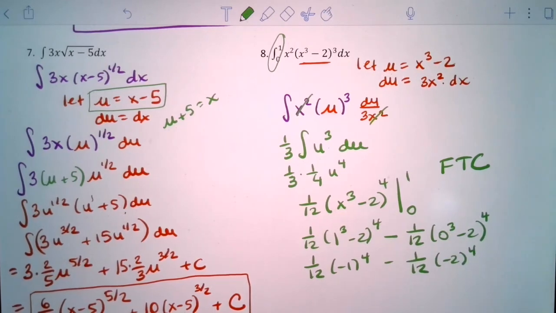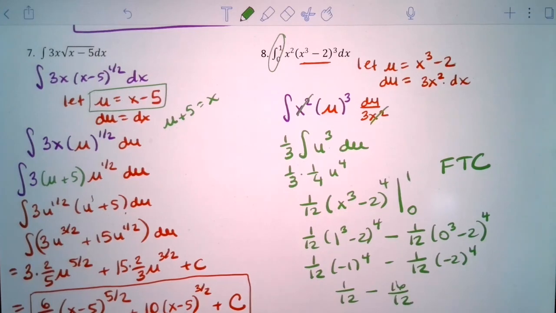So that's negative 2 to the 4th. So what I have here is, well, that will be positive 1/12. And what is that? That's positive 16/12. 1/12 minus 16/12. That's negative 15/12, which I think is a pretty good looking answer, but maybe we should reduce. I'll divide everybody by 3. I'm going to do negative 5/4. That's my reduced fraction for negative 15/12.